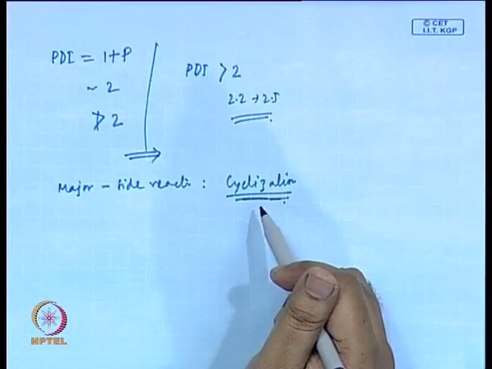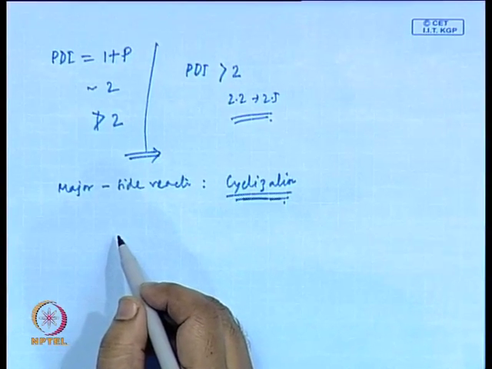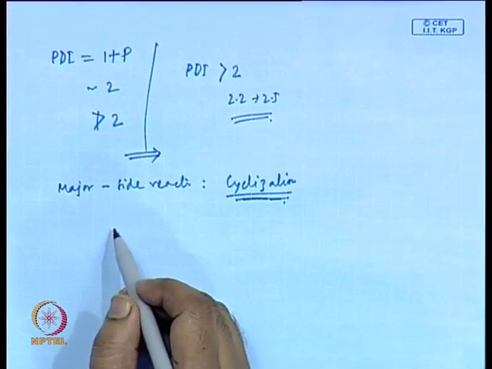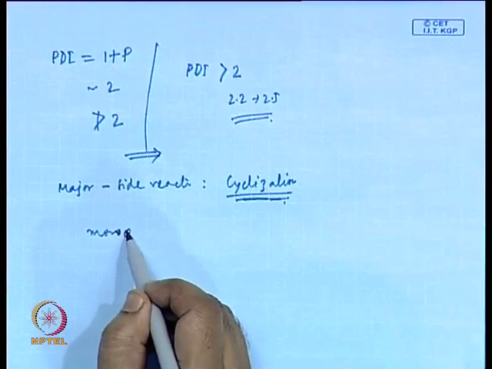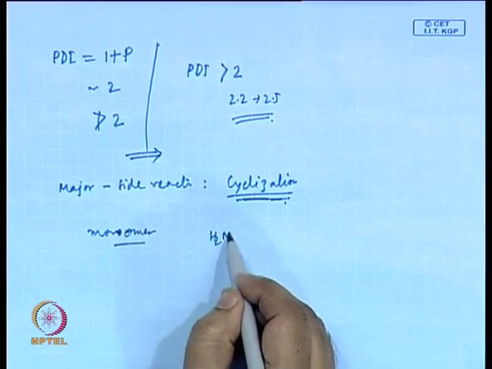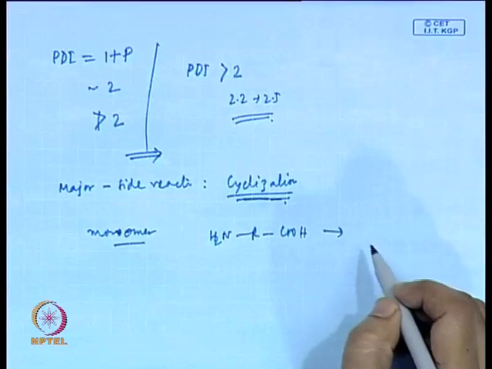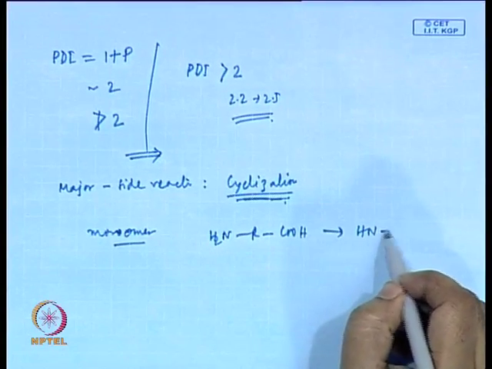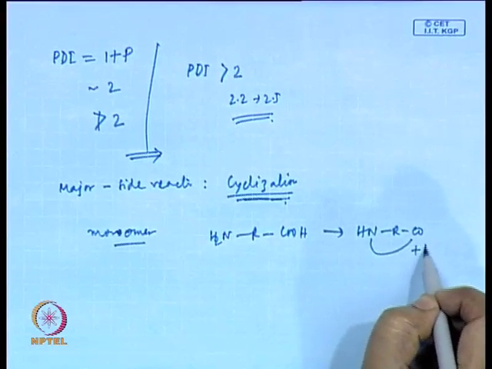Now, how does a cyclization product form? If you consider molecules that are functional on both sides, they can react intramolecularly and make a cyclic product. So, if I talk about an amino acid, it can form a cyclic product plus H2O.